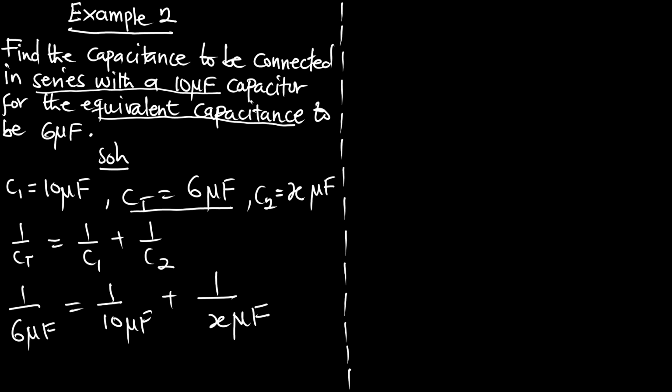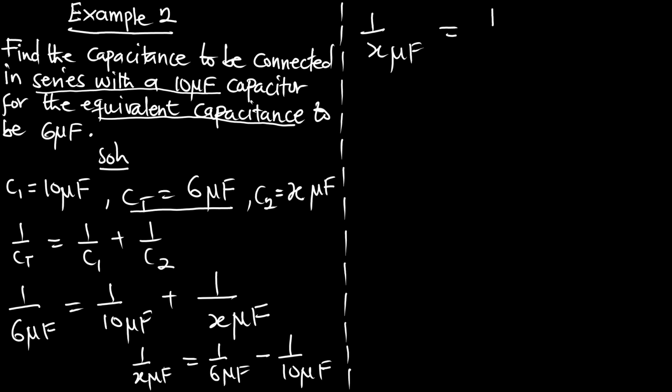So here we are going to have 1 on X microfarad equal to 1 on 6 microfarad minus 1 on 10 microfarad. And with this, we get 1 on X microfarad equal to 1 on 15 microfarad. And this indicates that X is equal to 15 microfarad.